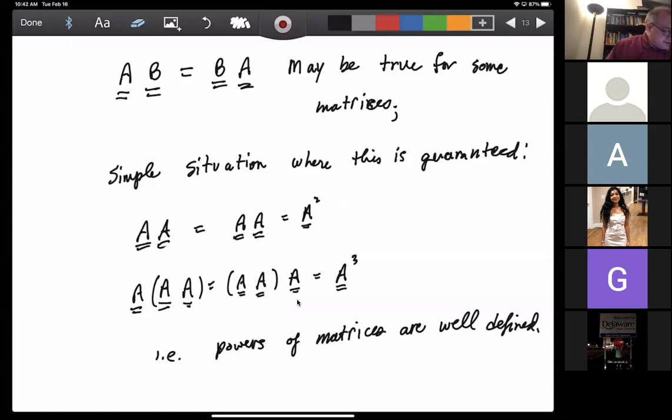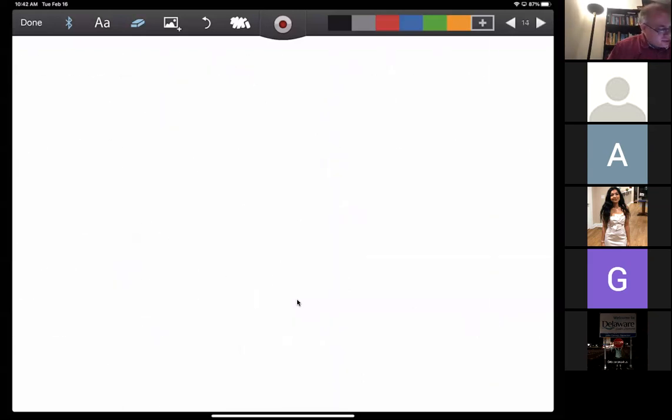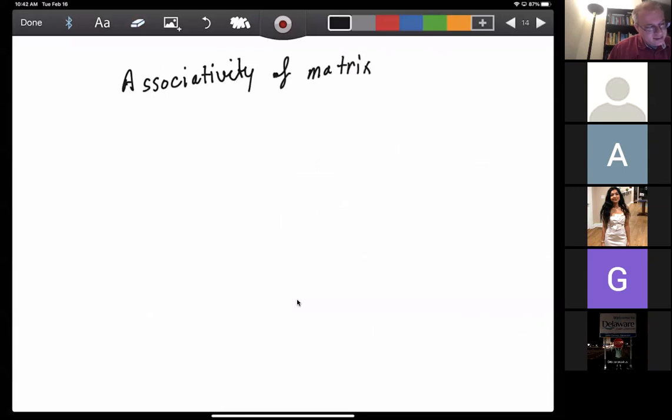Okay, and one last thing, for today at least. If the indices of your matrices are such that this product A times B times C is well defined, then it doesn't matter how you group when you're computing this product.